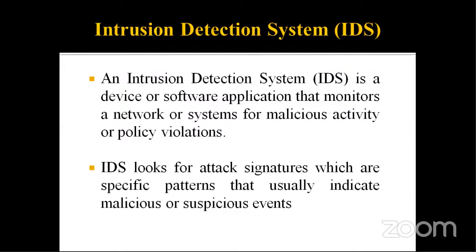IDS always looks for attack signatures, which are specific patterns that usually indicate malicious or suspicious events. Since I have mentioned attack signatures, this comes under the category of misuse intrusion detection system, or the signature based intrusion detection system.